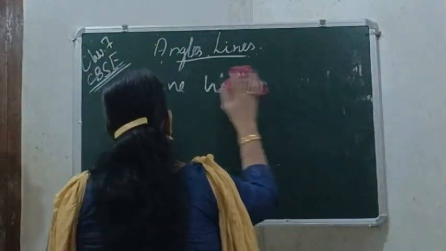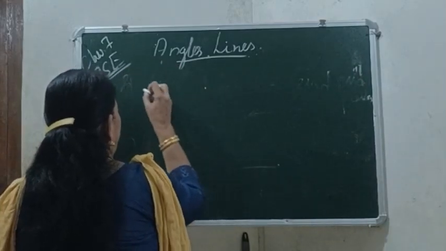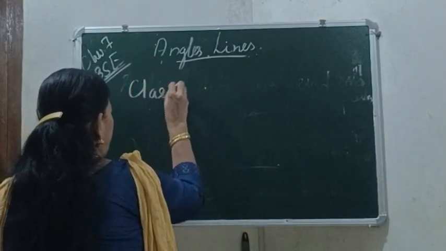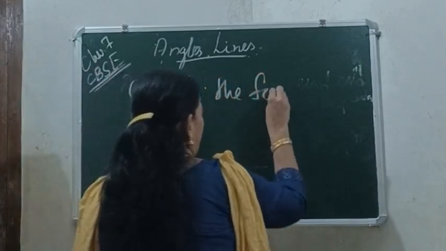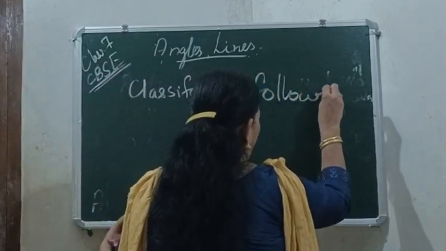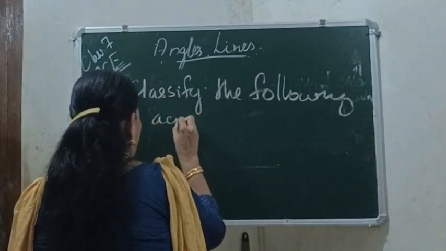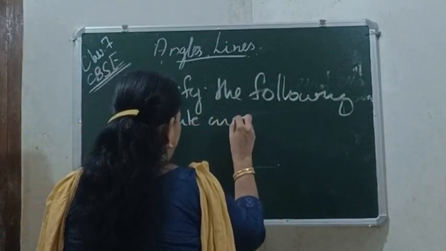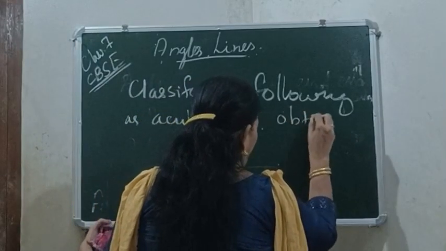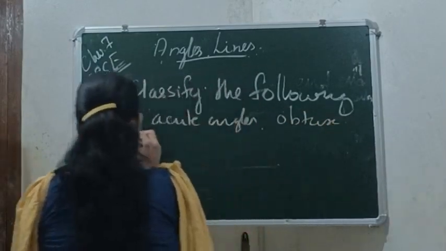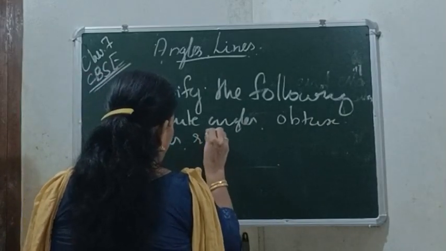We can do some problems relating to angles. Classify the following as acute angles, obtuse angles, or right angles.